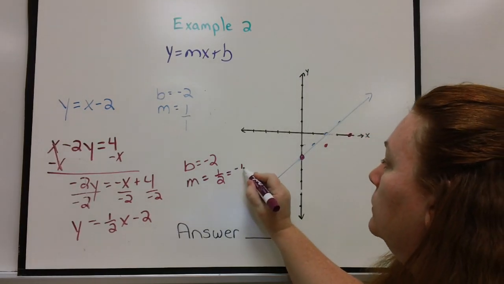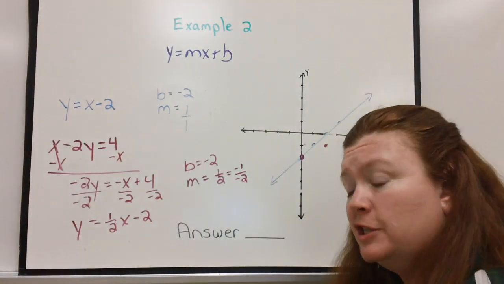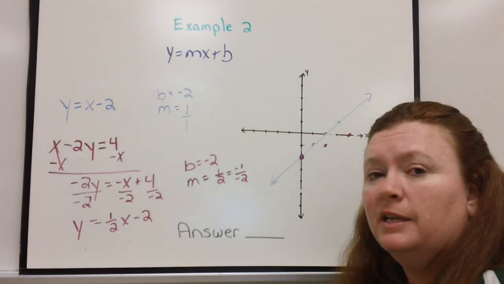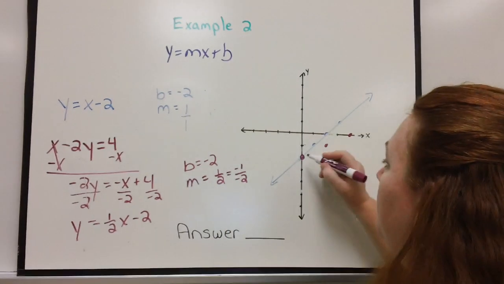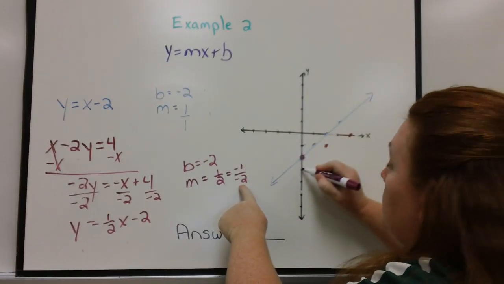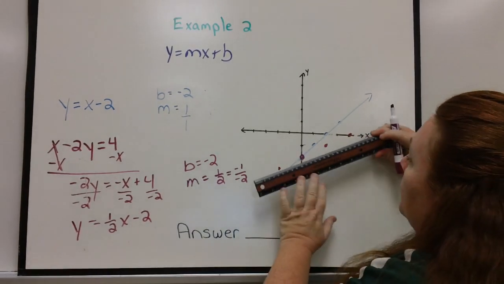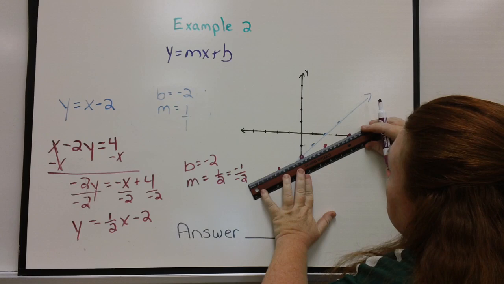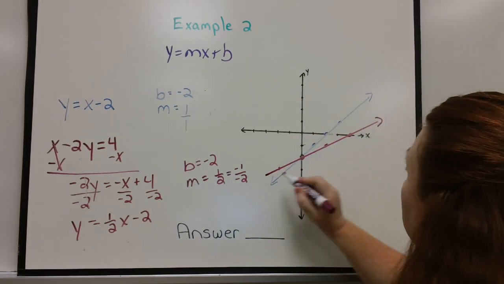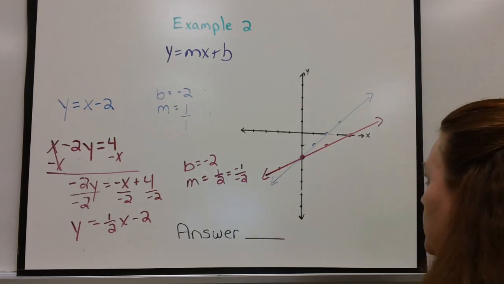I could go negative 1 over negative 2, because a negative divided by a negative is the same thing as a positive. What does that mean with my graph? It means I could go down 1 and to the left 2, because a negative 2 is to the left. And when I connect these dots, I put arrows on the ends, and I see that here's my point of intersection.